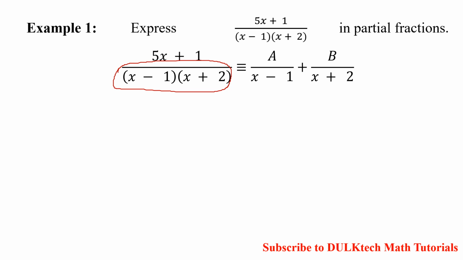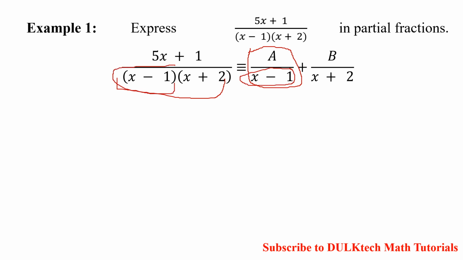If we multiply the left hand side by this common denominator, we are going to remain with x plus 5 only on the left hand side, which is identical to if we multiply this fraction A over x minus 1 by this common denominator. Obviously, this x minus 1 will cancel with this x minus 1 and we will remain with x plus 2, so we'll remain with A being a factor of x plus 2.